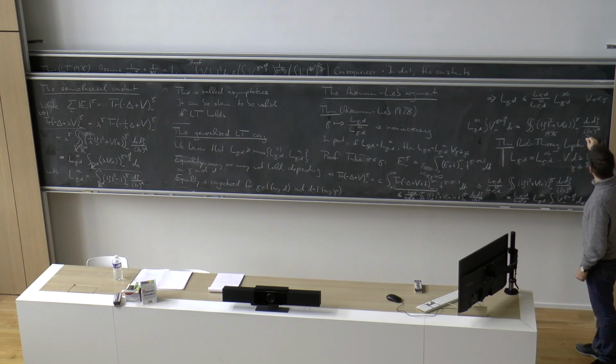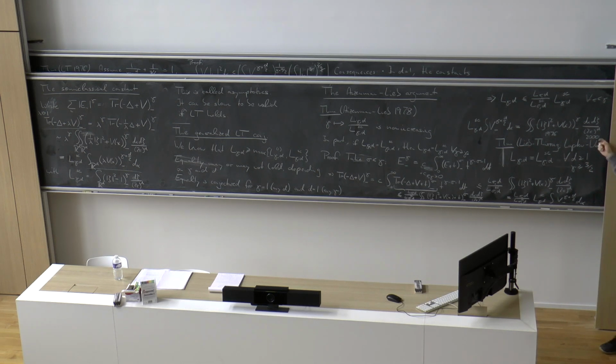And then Laptev and Weidl, in a paper from 2000, were able to extend this result to any dimension, still having this constraint gamma greater or equal than 3/2 from this original Lieb-Thirring work. And I should say in one dimension, the 3/2 is optimal. In one dimension, you cannot have the equality below gamma equal to 3/2.